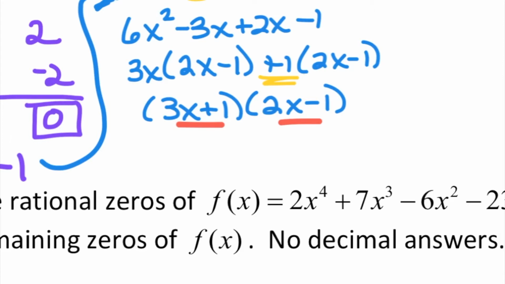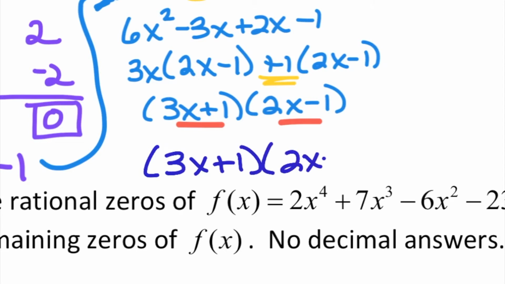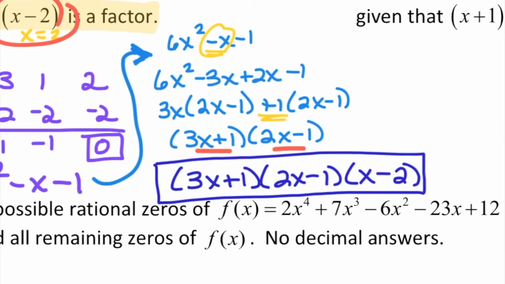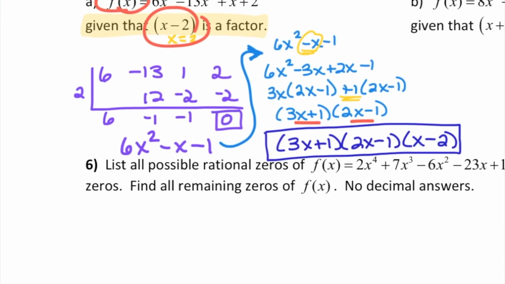So my answer is going to be that 3x plus 1 times 2x minus 1 times the x minus 2 that I divided by at the very beginning, and that's my product of factors, meaning I've got a factor times a factor times a factor. That's my product of factors that are all equal to the original f of x.